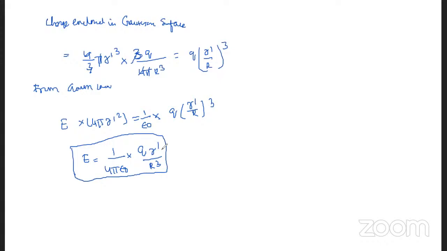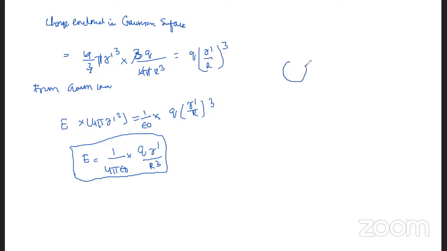So these are the three different cases: outside of the charged sphere, on the charged sphere, and inside of the charged sphere. Now let us picturize how the electric field will be.